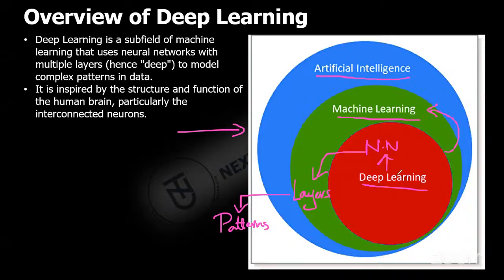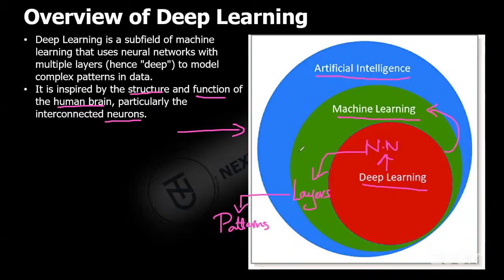And it is actually inspired from the human brain, because within the human brain we have neurons. So based on the structure and the functioning of the human brain, the concepts of neural networks were structured, especially how the neurons get connected.